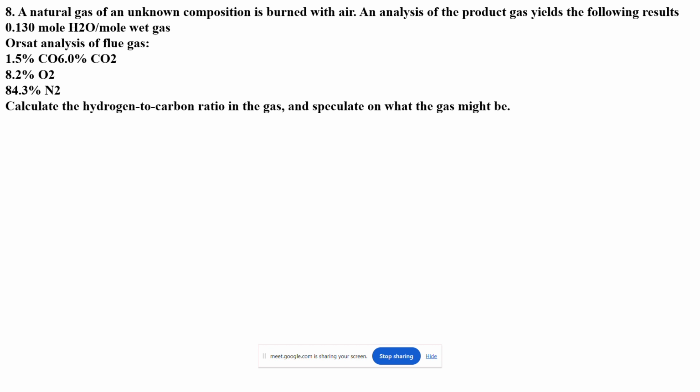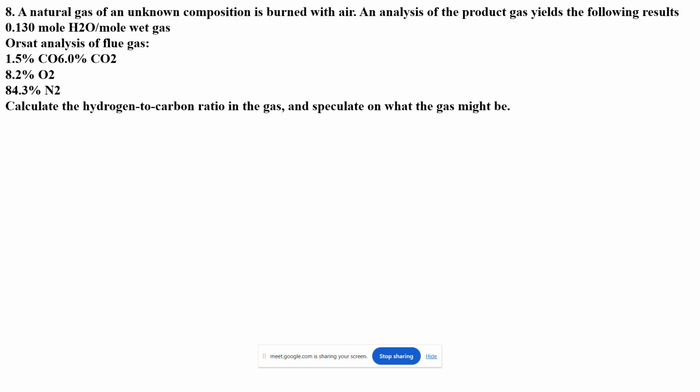So we are given that the product gas yields the following results with 0.130 mole of H2O per mole of wet gas. Then the Orsat analysis of the flue gas is 1.5% CO, 6% CO2, 8.2% O2, and 84.3% N2. So calculate the hydrogen to carbon ratio in the gas and speculate on what the gas might be.